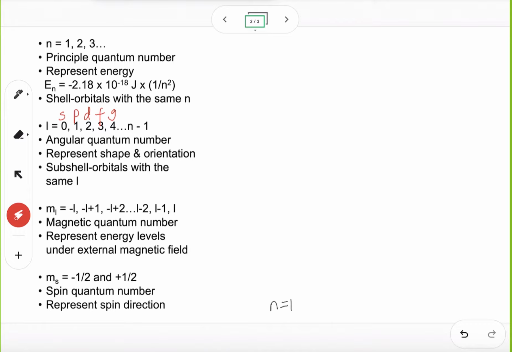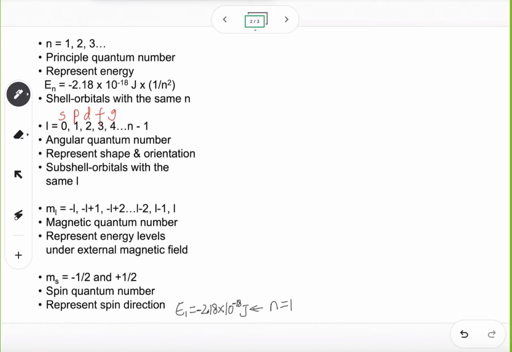For n equals 1, it gives you E1 equals negative 2.18 times 10 to the negative 18 joule. All right. Now it's time for us to consider the other three quantum numbers.